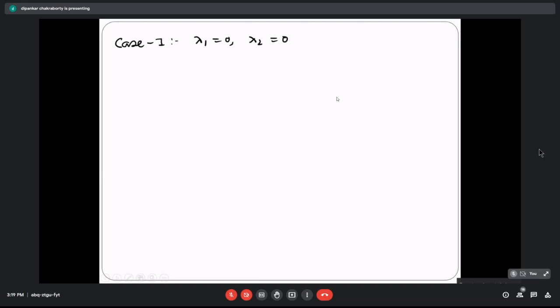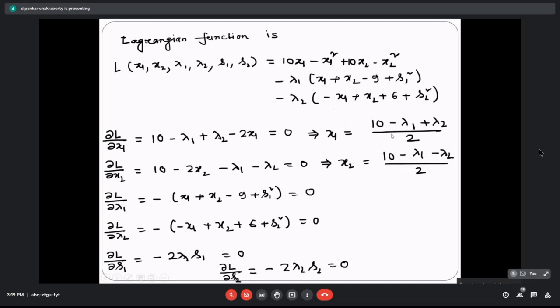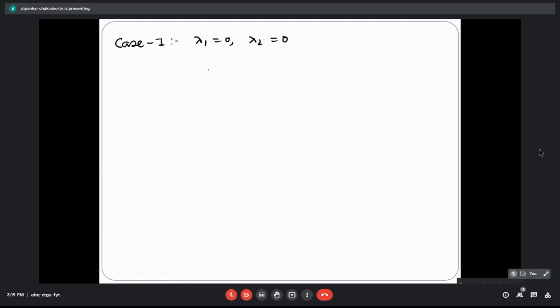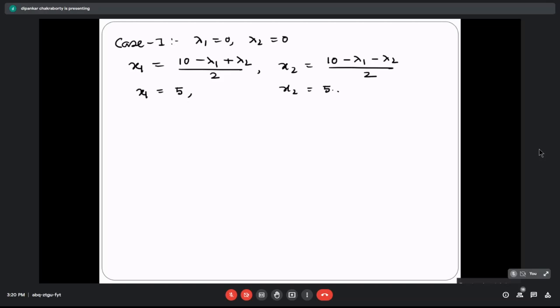So lambda, I hope you remember, x1 is what? x1 is (10 minus lambda 1 plus lambda 2) divided by 2, and x2 is (10 minus lambda 1 minus lambda 2) divided by 2. As lambda 1 and lambda 2 are 0, x1 will be 5 and x2 will also be 5.